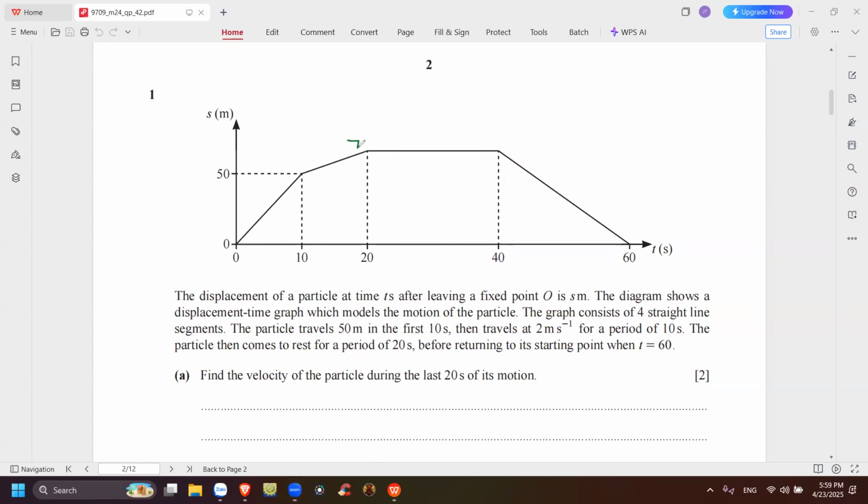Also here it is 70 meters because it doesn't move. However, for the last 20 seconds, you moved 70 meters back to 0 meters. So it's 3.5 meters per second velocity, isn't it? Yeah, so 3.5.